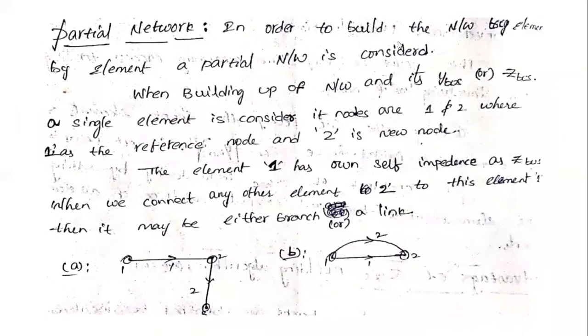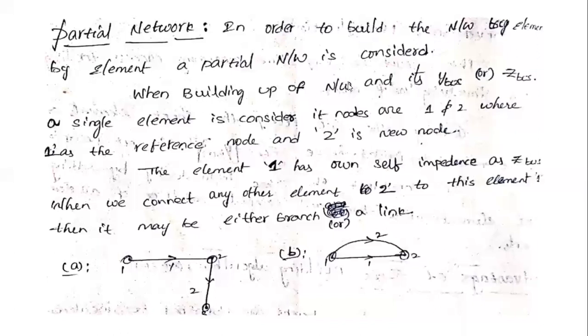In order to build the network element by element, a partial network is considered. This is an example of partial networks.